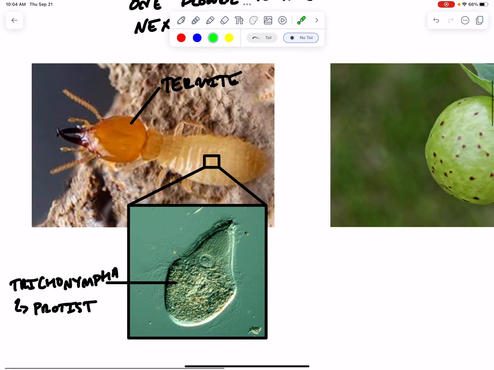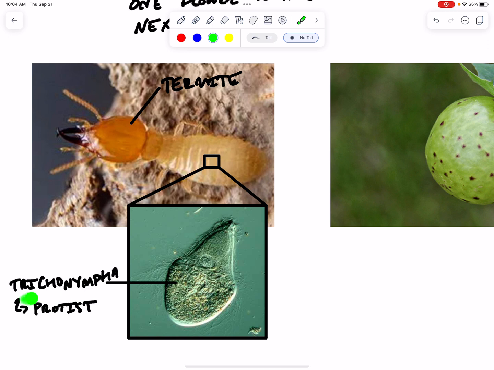And termites, as you might have heard, digest wood. That's what they eat, wood. But wood is primarily made up of a compound of glucose called cellulose. And termites don't have the proteins that break down cellulose into its simplest form of sugar, glucose.